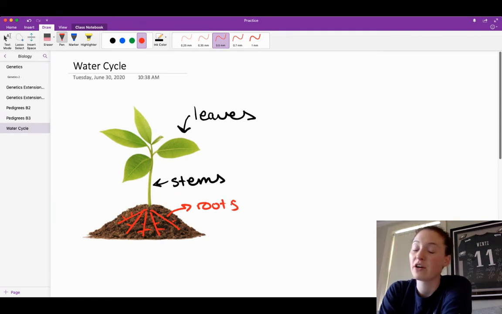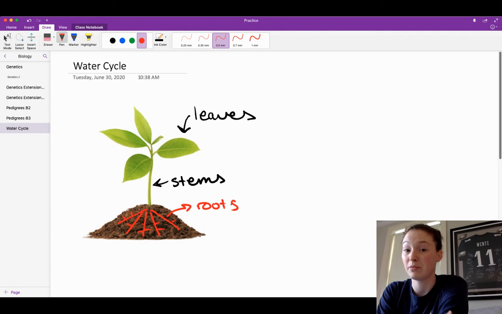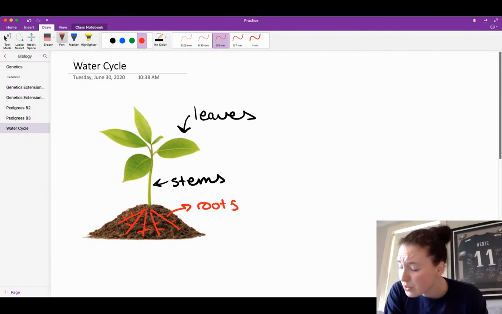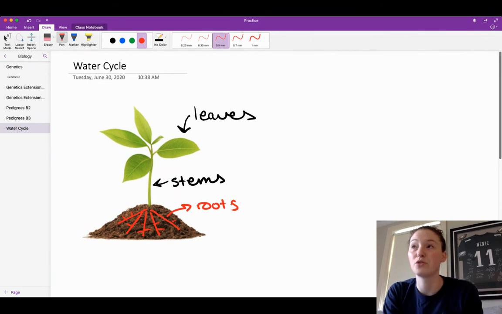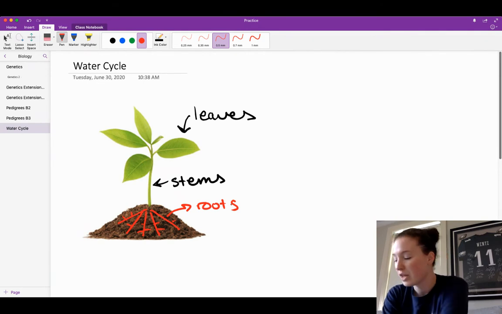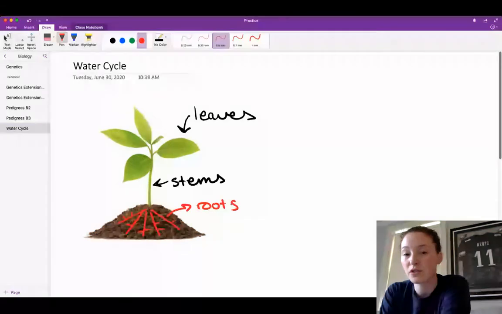Now, certainly there are a lot of different types of plant parts. You might be thinking about fruits or branches or tubers or whatever. But all of those are modifications of these three major parts.